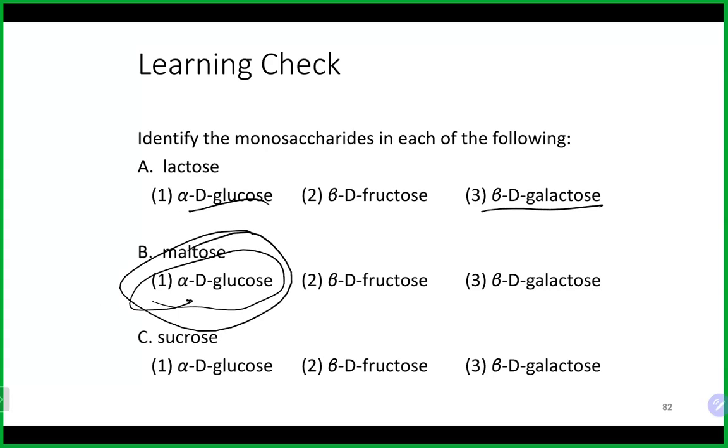And then sucrose is the one that we just saw, a little fructose and glucose action happening there. Again, for maltose, alpha 1,4. Lactose, beta 1,4. And for sucrose, that is our alpha beta 1,2. Reconnect those. Any questions on that one?